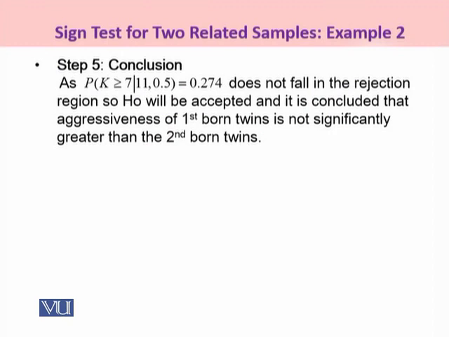As this 0.274 obtained from the cumulative binomial table does not fall in the rejection region, H naught will be accepted, and we can conclude that the aggressiveness of the firstborn twin is not significantly greater than that of the second born twin.